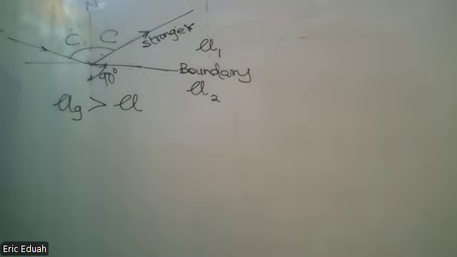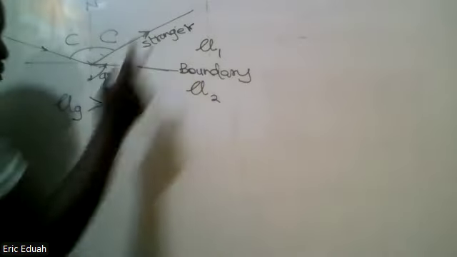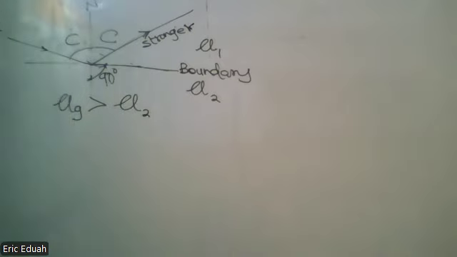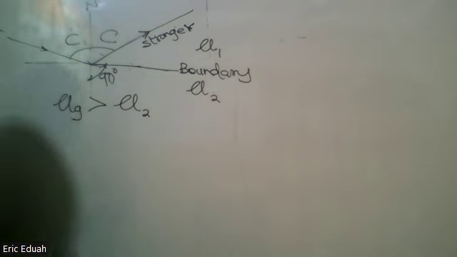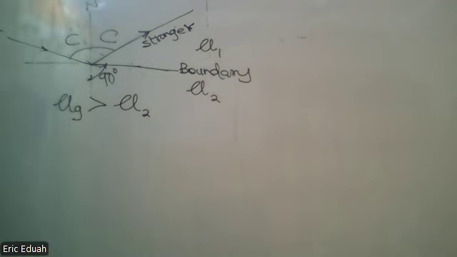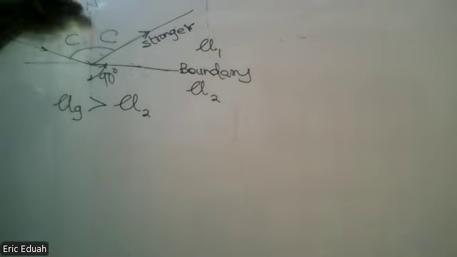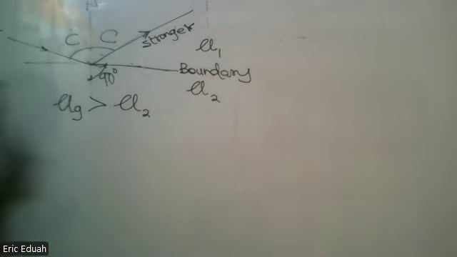So the refractive index of material 1 must be greater than the refractive index of material 2 for total internal reflection to occur. The reason is that the first condition says that light must travel from a dense medium to a less dense medium.